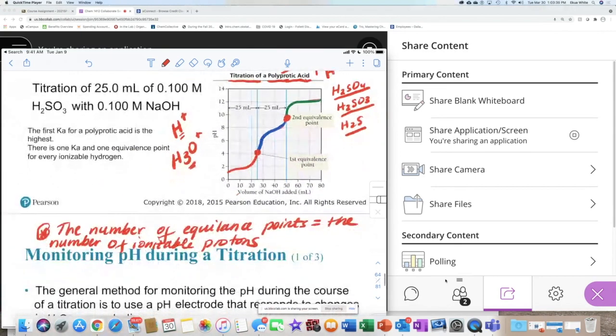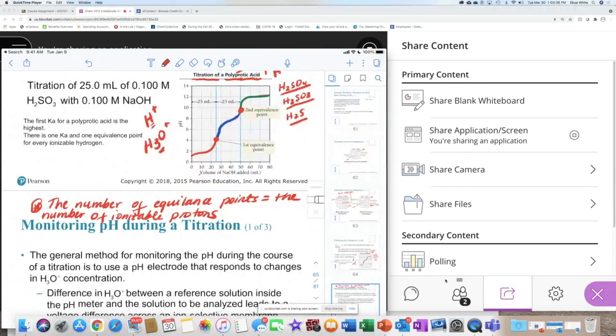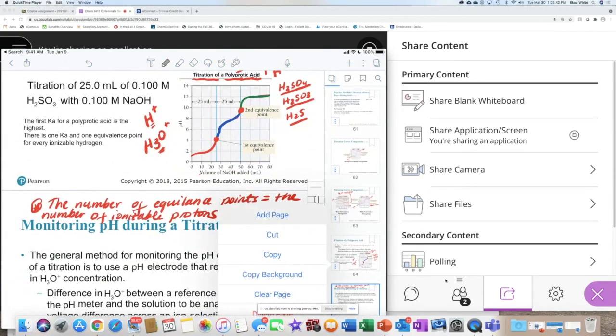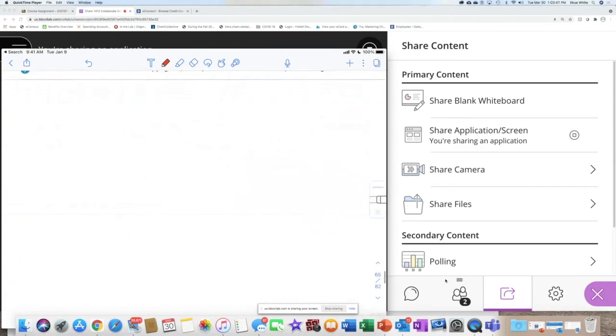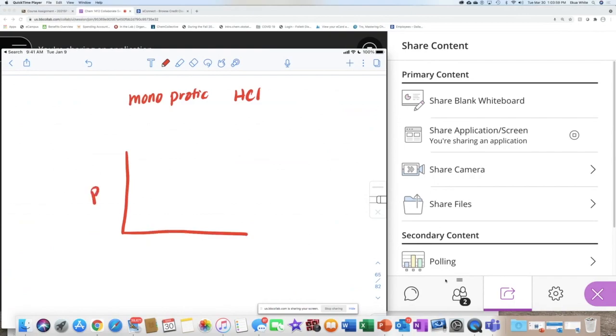Just to illustrate this point further, let me add a page here. If you're still not seeing it, let me show you how the monoprotic acid looks. I'll give you an example: HCl. You have your y-axis versus your x-axis. Y-axis is pH. X-axis is volume of OH, base added. I'm going to give you a generic curve, the pH curve, like this.